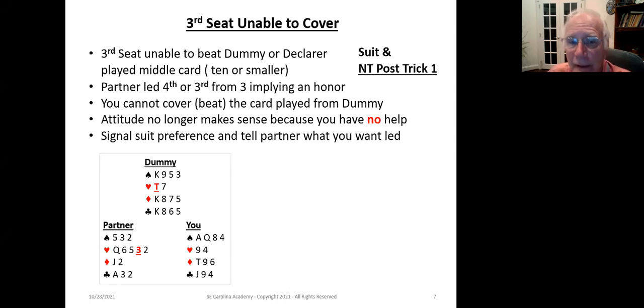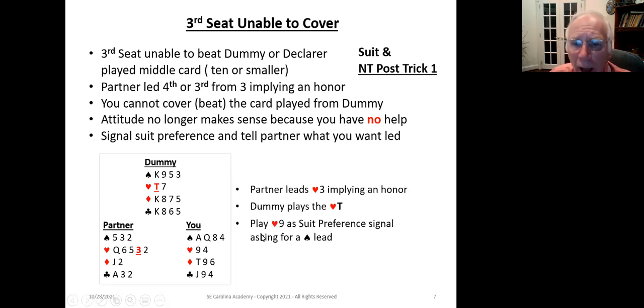Let's take a look at the example here. Against a suit contract, your partner leads the 3, and the 10 is played from the dummy, and you've got the 9 and the 4. It should be intuitively obvious to you that giving an attitude signal here doesn't help.